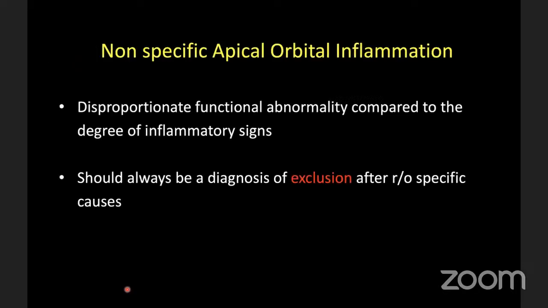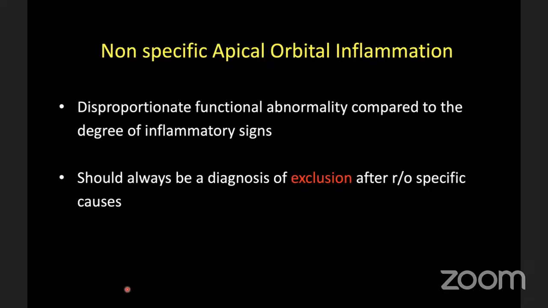So quickly, the fourth part would be the apical, where the non-specific inflammation usually involves the orbital apex. So in this scenario, we would see a disproportionate functional abnormality when compared to the clinical image. So the degree of inflammatory signs and the functional abnormality are very disproportionate. So this invariably is always a diagnosis of exclusion.